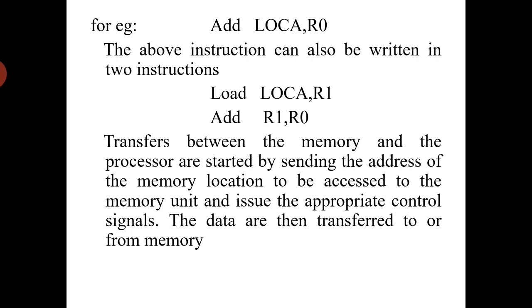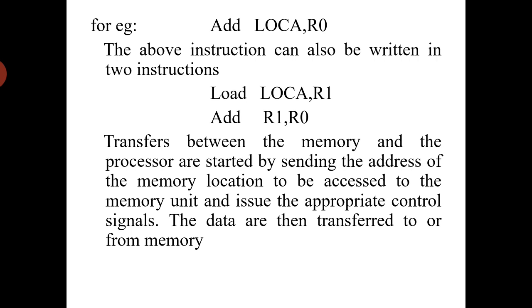So, ADD LOCA, R0. What operation is going to be performed here? The data or operand present in location A and R0 are added, and the final result is stored in the register R0.